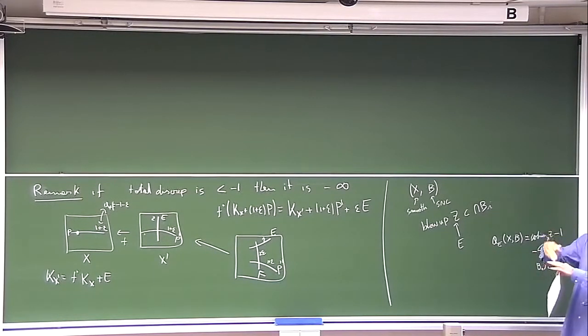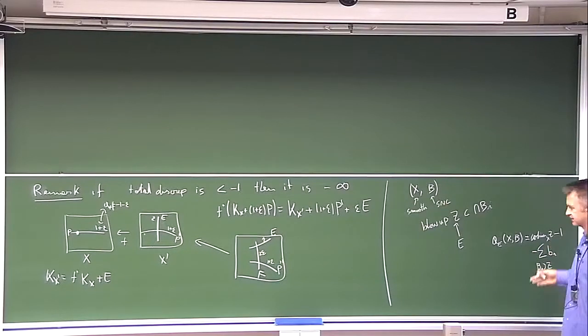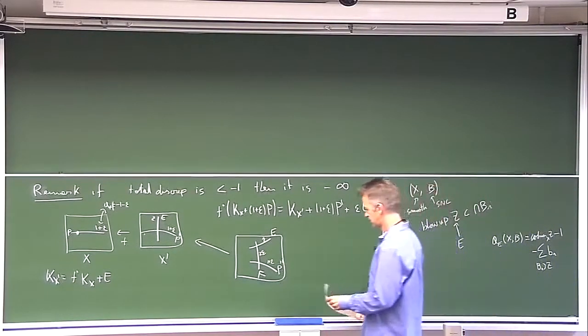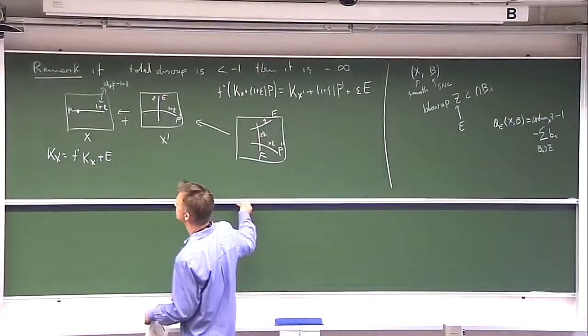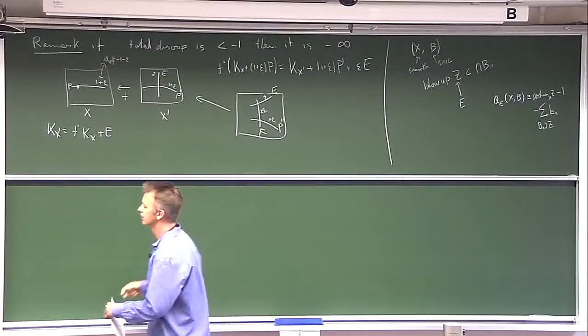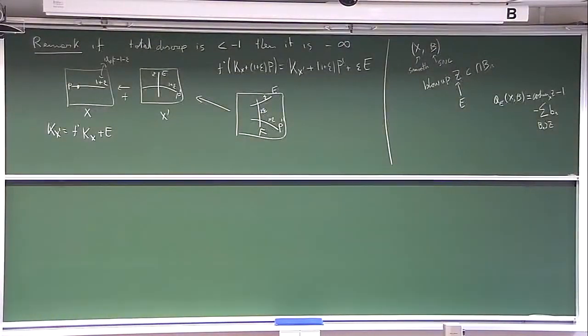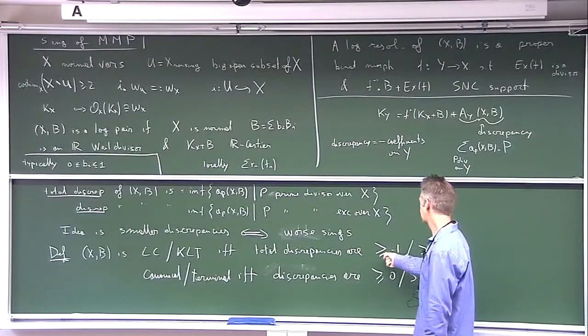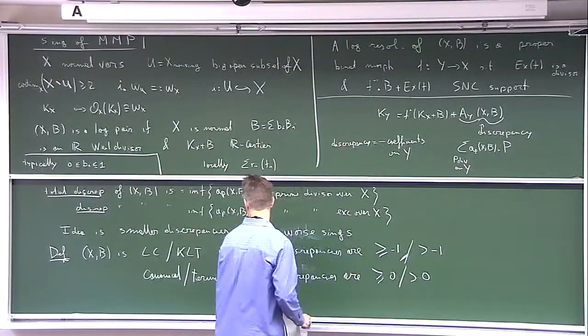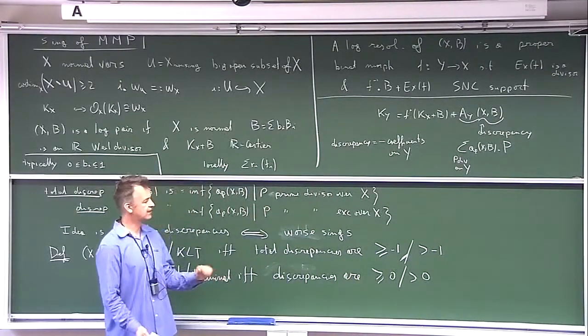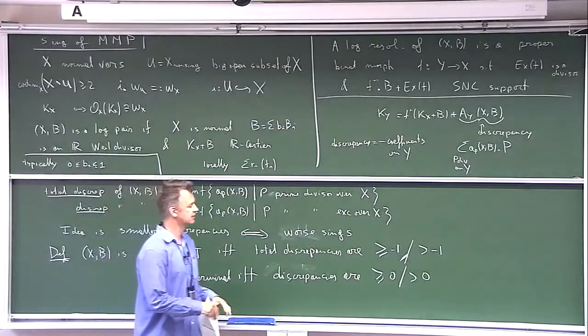If they're not smooth along Z, the contribution may be bigger. This is sort of the simple normal crossing contribution. Okay, so that's why the threshold -1 is important, and canonical versus terminal is a little bit more of an accident.